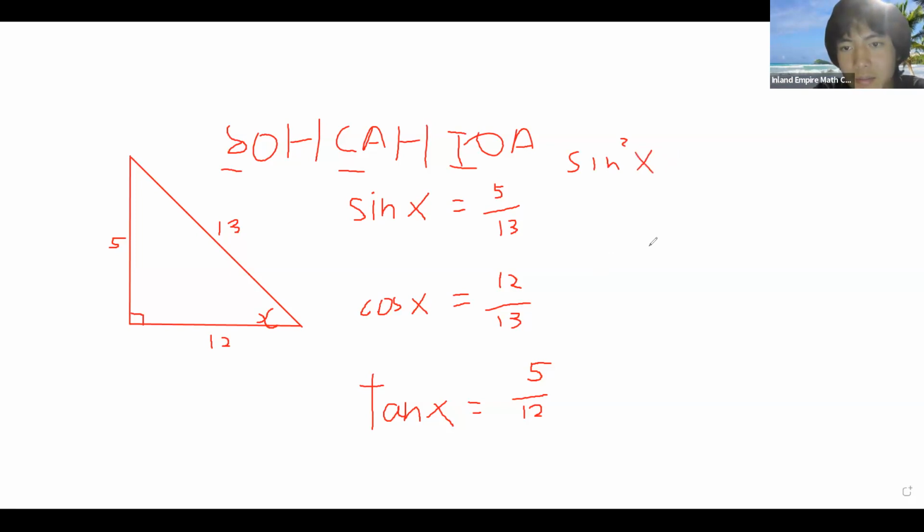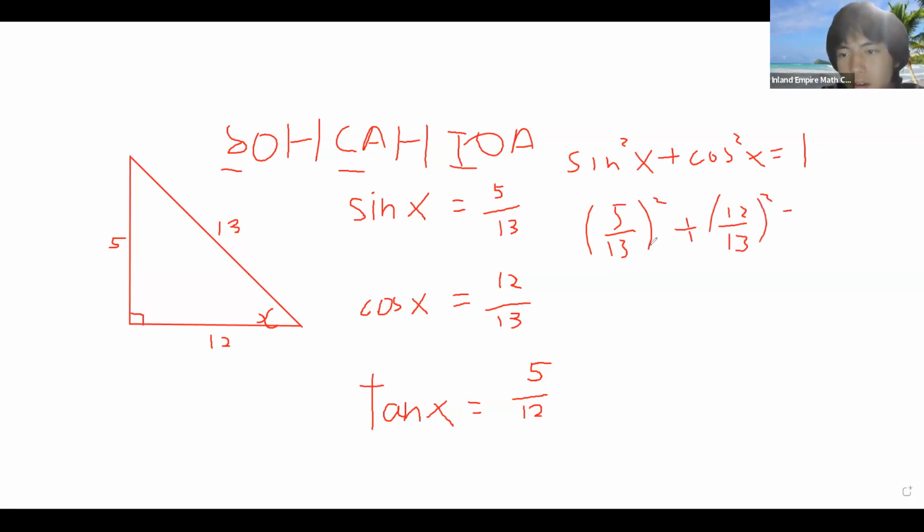Sine squared x plus cosine squared x equals 1. So in our case, it becomes (5/13) squared plus (12/13) squared, and it should equal 1 theoretically. So let's try this.